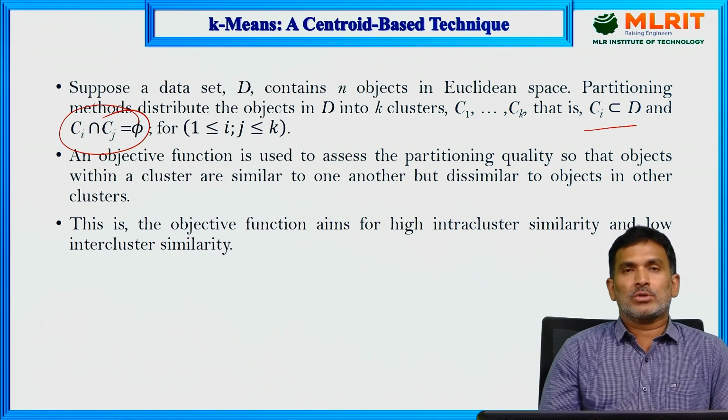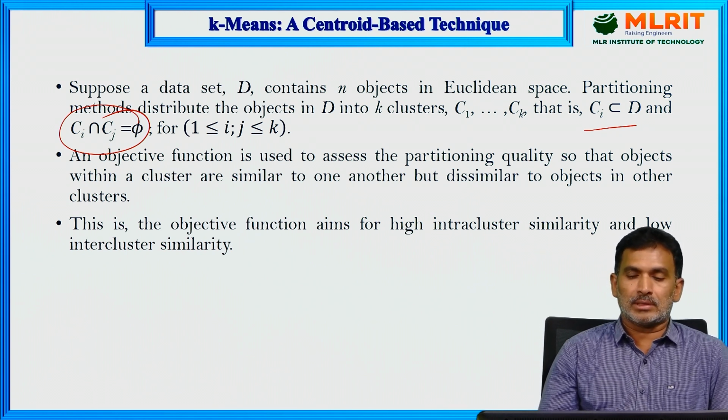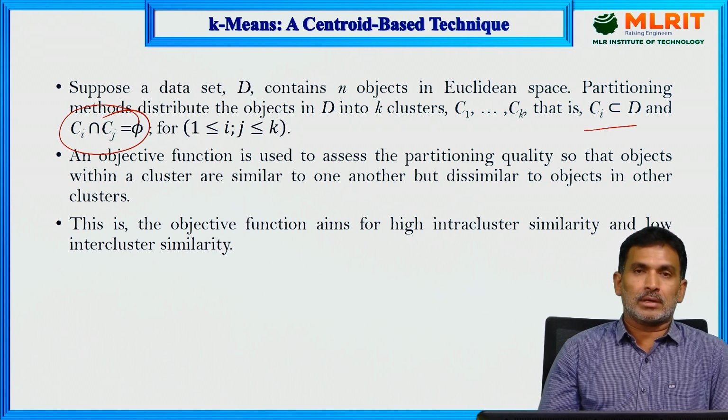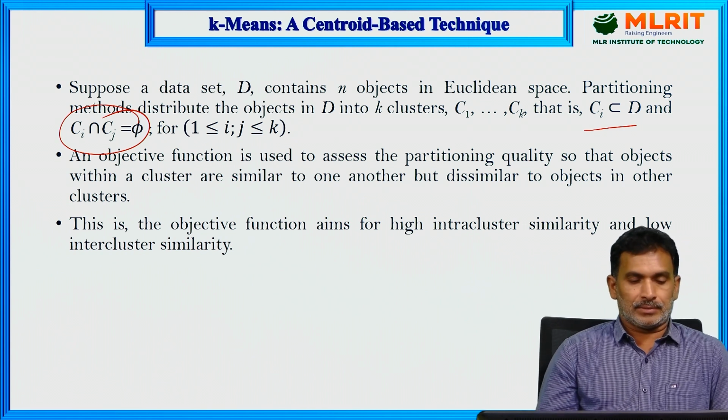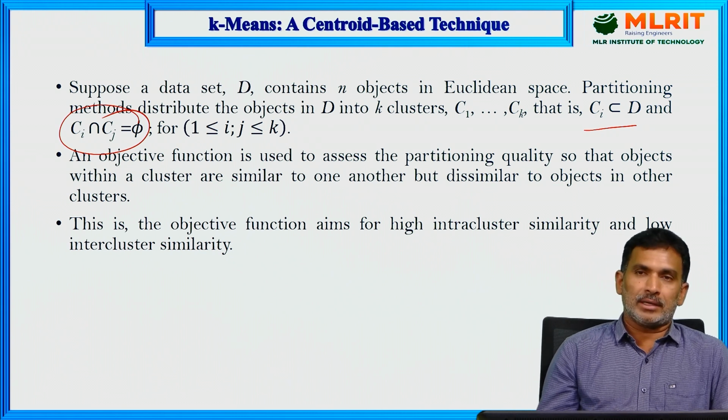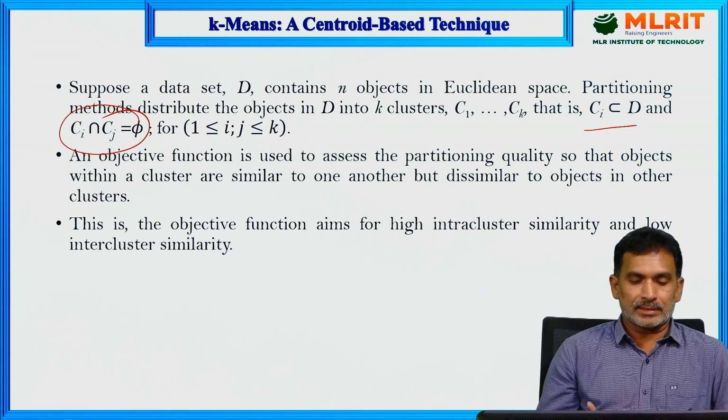An objective function is used to assess the partitioning quality, so that objects within a cluster are similar to one another but dissimilar to objects in other clusters. The objective function aims for high intra-cluster similarity and low inter-cluster similarity.